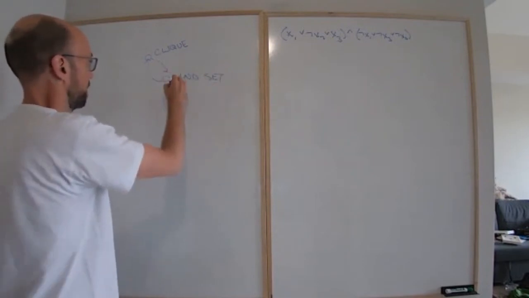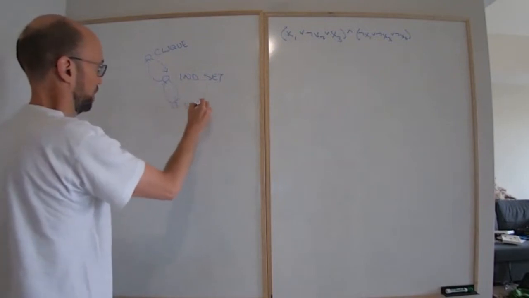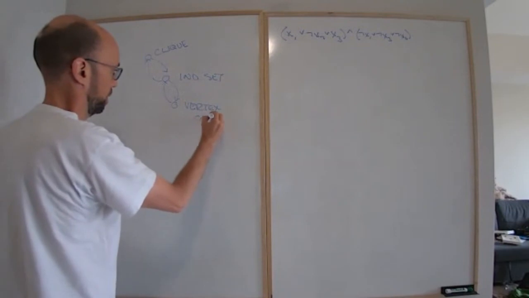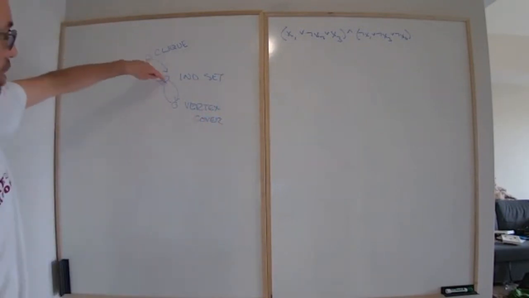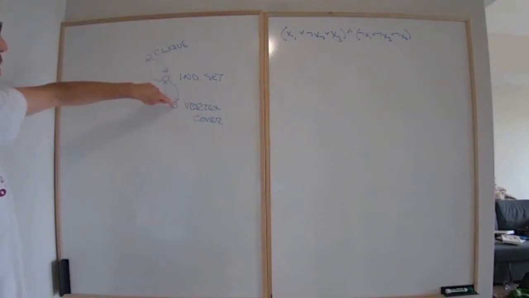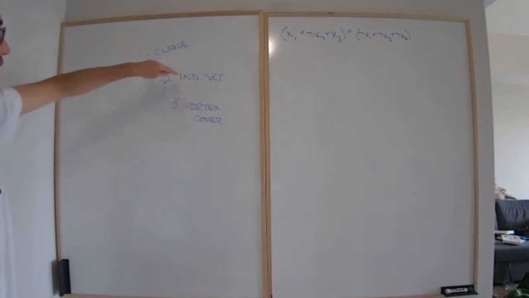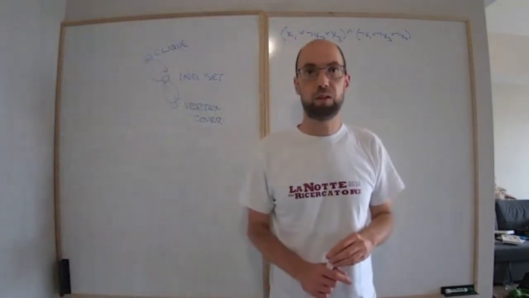Independent set. Okay, so given an instance of clique, you can turn it into an instance of independent set, you can turn that into an instance of vertex cover, or you can go backwards. So you can move between any of these three in polynomial time. Okay?